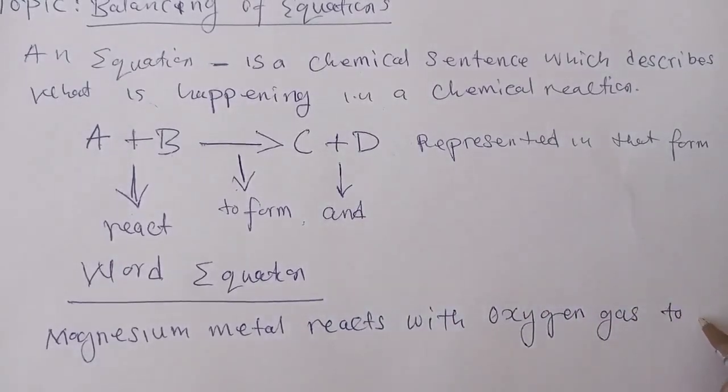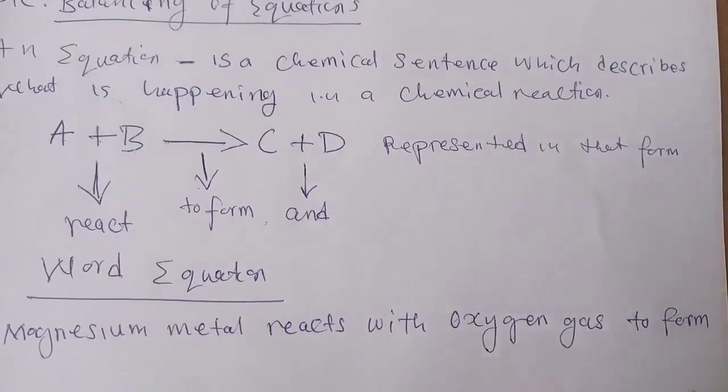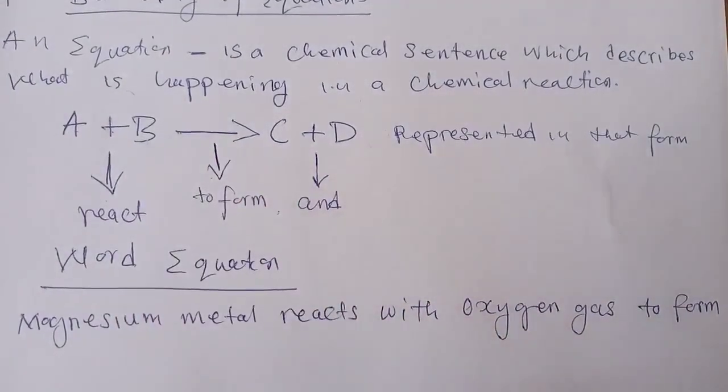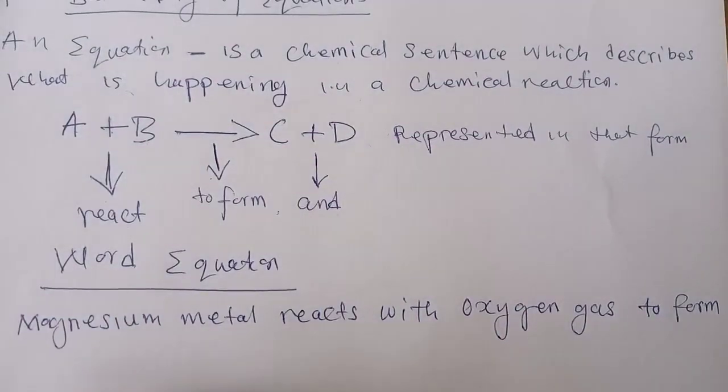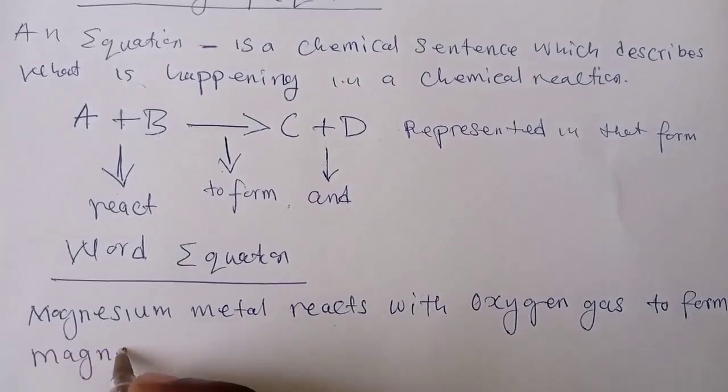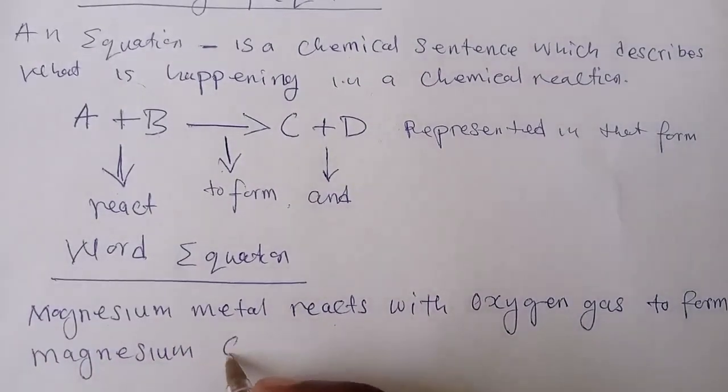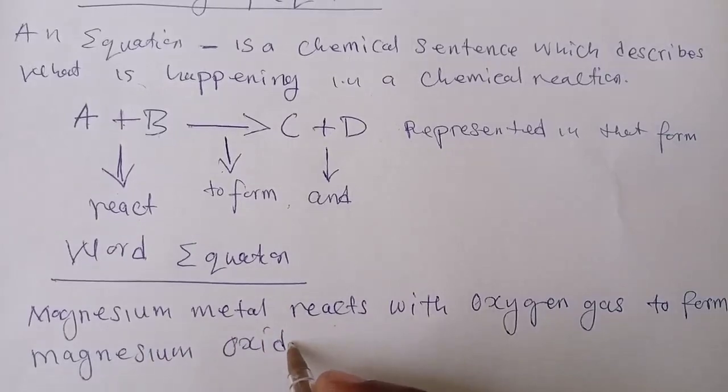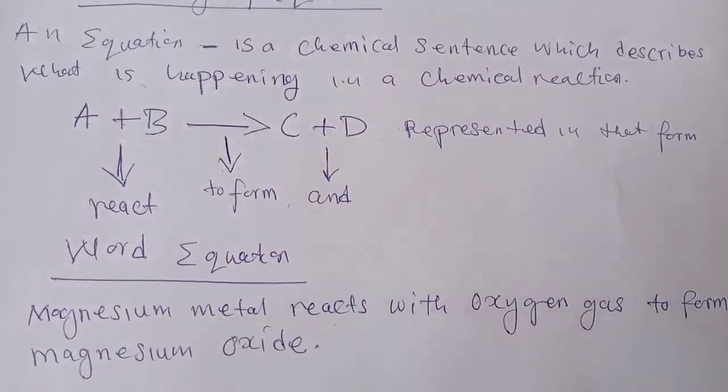To form, you need to know that to form is that equal sign or that arrow. Magnesium reacts with oxygen in order to form what? Magnesium oxide.